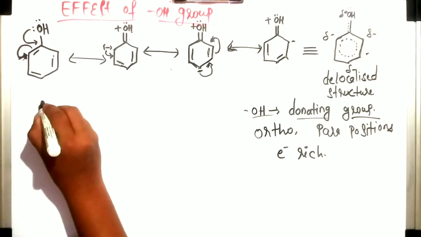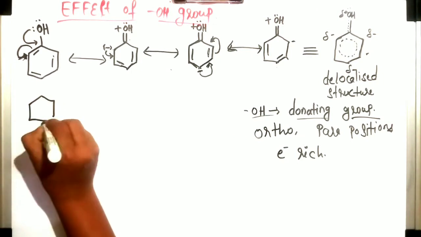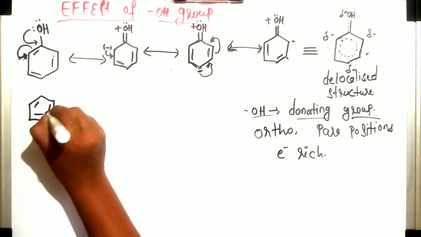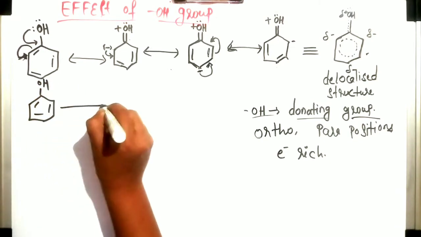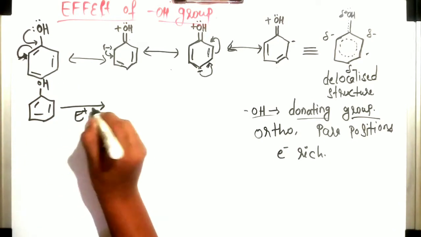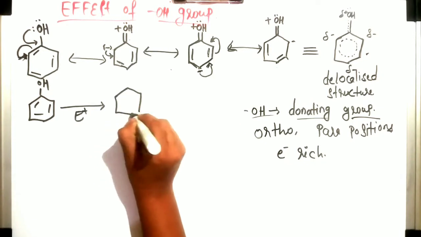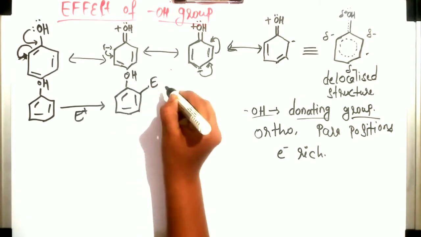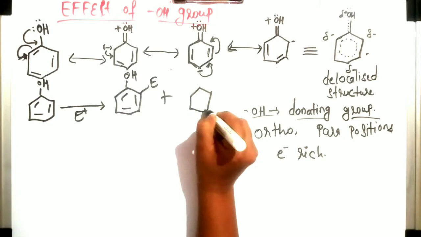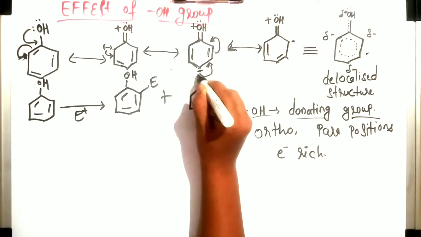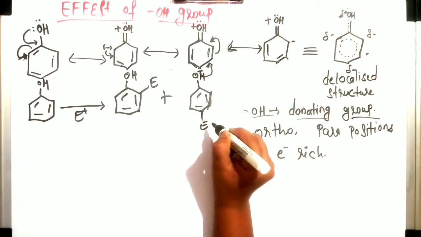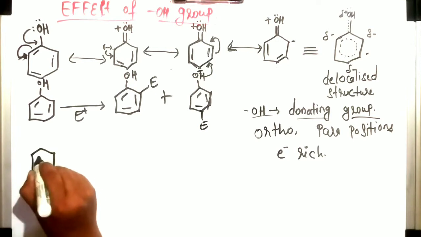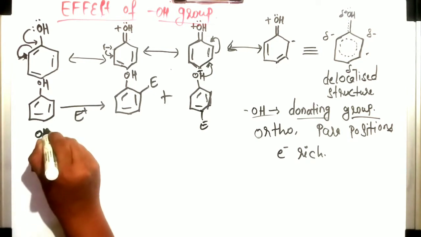Now we'll see one example of how the ortho and para positions are electron rich. When we have this group and electrophilic substitution is taking place, one electrophile will attach to the ortho position and another will attach to the para position. And with one more example we can write benzene with OH.